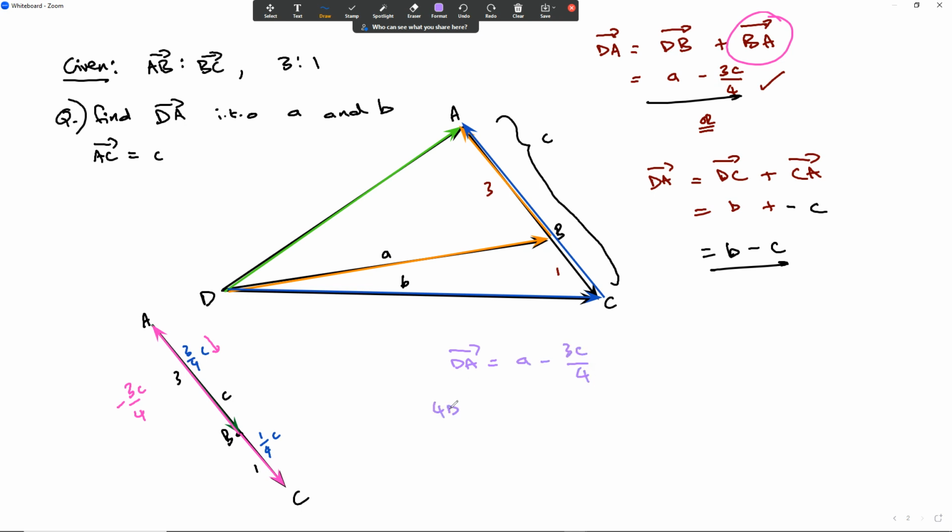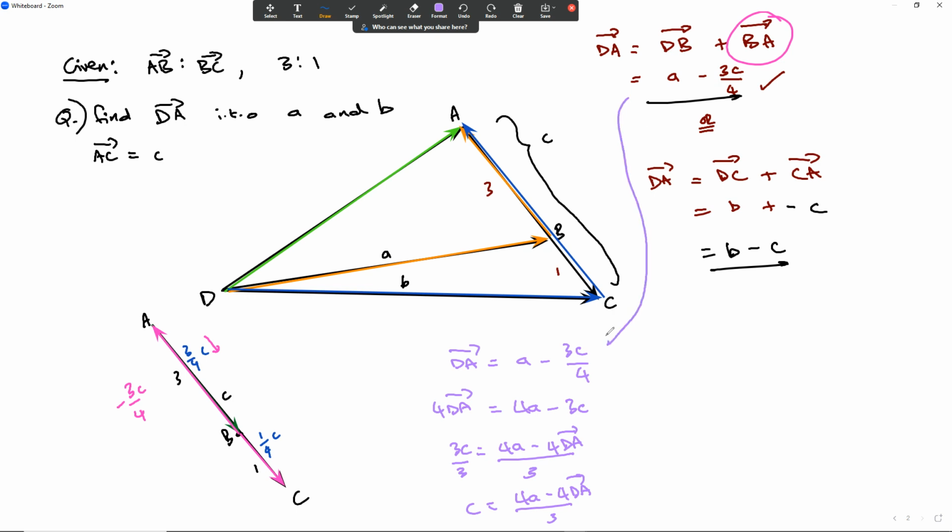That means 4 vector dAs is equal to 4a minus 3C. And so now I'm going to move this 3C across and become 4a minus 4dA. All right, so I move that, made it positive, and I move that over, made it negative. Dividing by 3 on both sides gets me C equals 4a minus 4dA over 3.